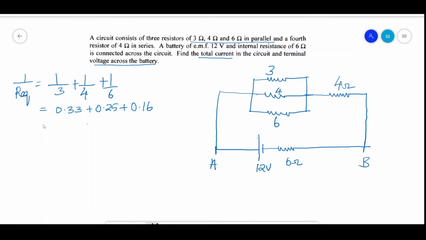So that will be coming down to 0.74. So this is 1 by R equivalent. That implies R equivalent is equal to reciprocal of this, 1 by 0.74. That will be coming approximately into 1.35 ohm.